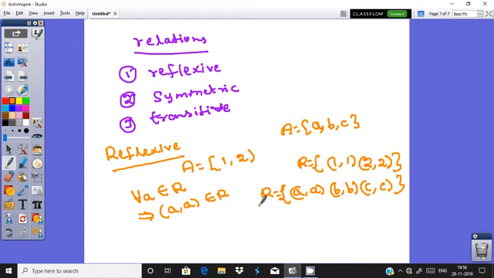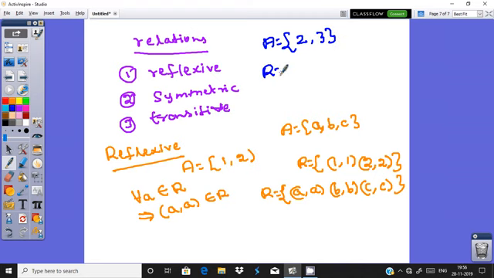For example, I have a set A equal to {2, 3}.